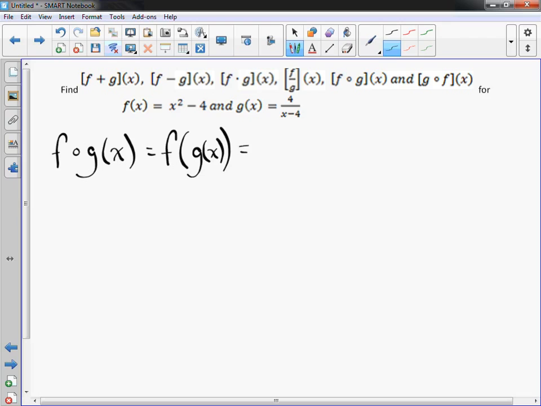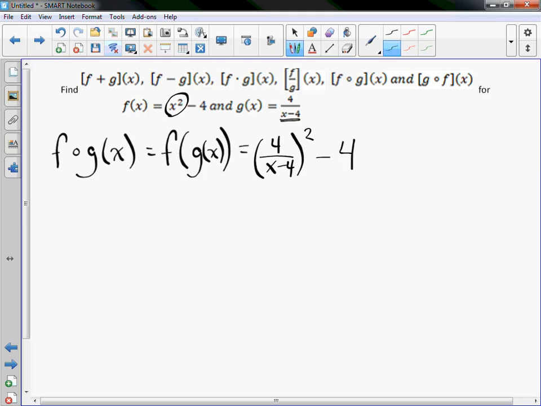We're going to take the G function and put it in where the x was on the F function. So wherever there was an x in the F function, we're going to replace the x with the G of x, whatever that is, which is this. So I'm going to put 4 over (x minus 4) squared, over 4.